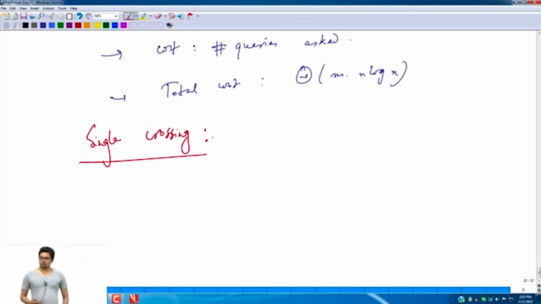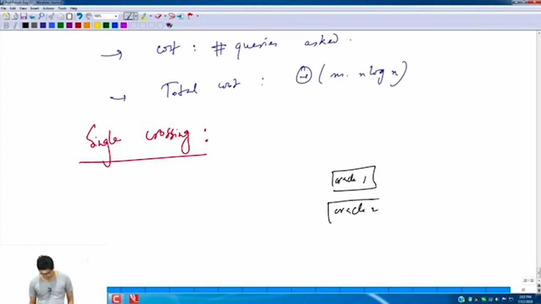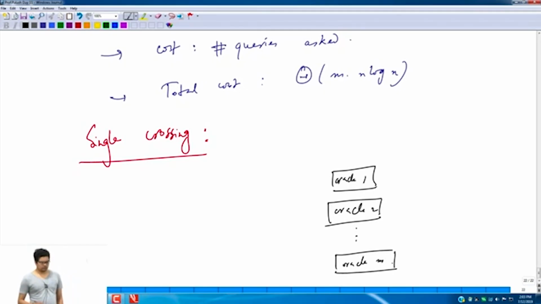What do you mean by single crossing? What is this extra assumption? It says that you arrange the oracles in this order, this is oracle 1, this is oracle 2, and their rankings can't be completely arbitrary.